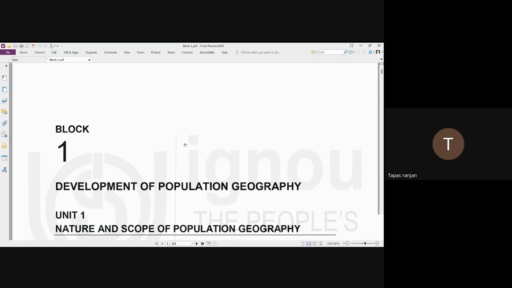So first of all, there is the population distribution pattern, the global distribution pattern, then how population has been distributed in India. All this information I can't simply describe within these 2 hours. So we'll mostly be dealing with the concepts, and if there are some important points, then we'll discuss that.